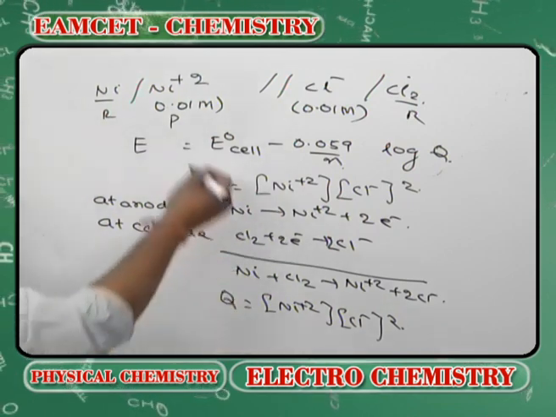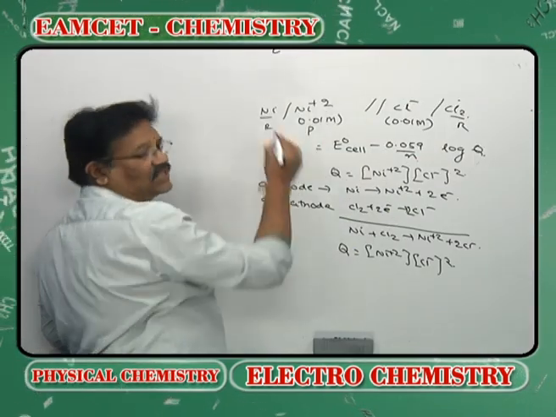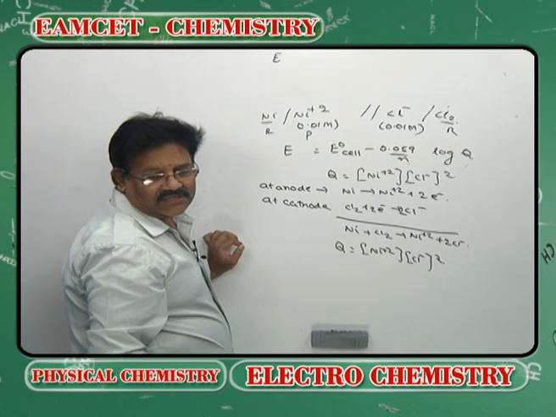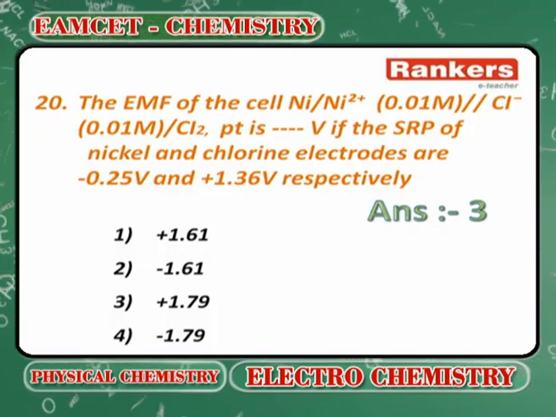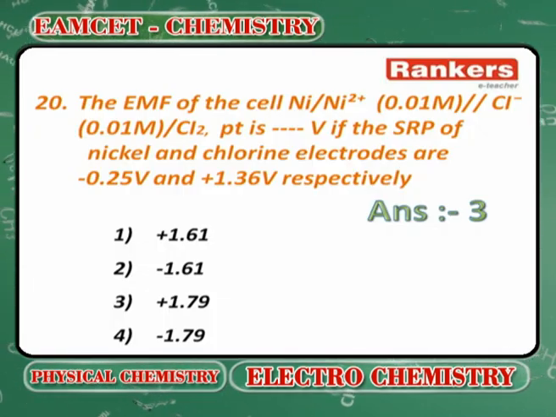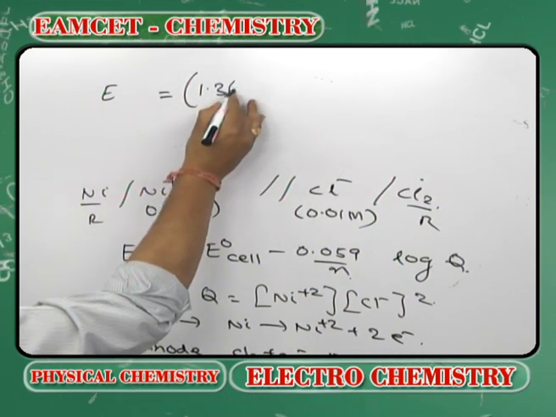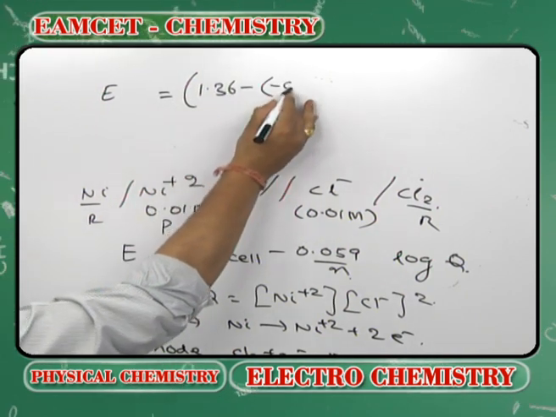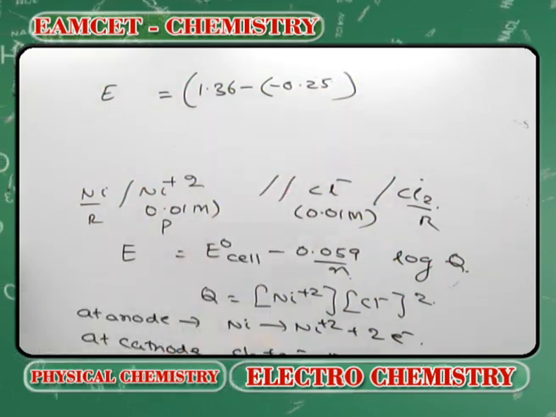Now, making proper substitutions, E cell will be equal to, what is the E naught of the cell? 1.36 minus of minus 0.25.